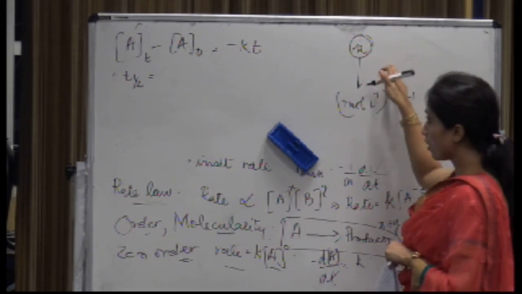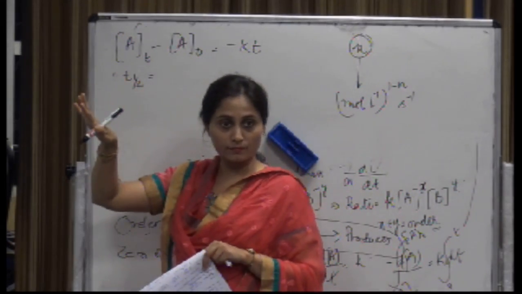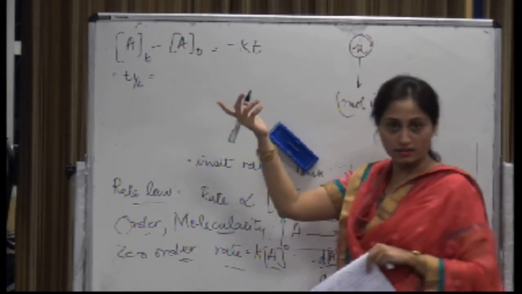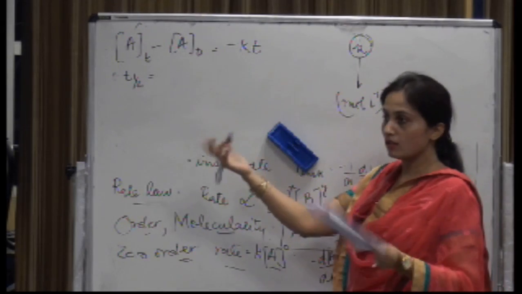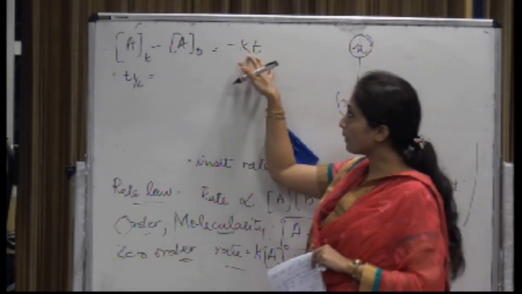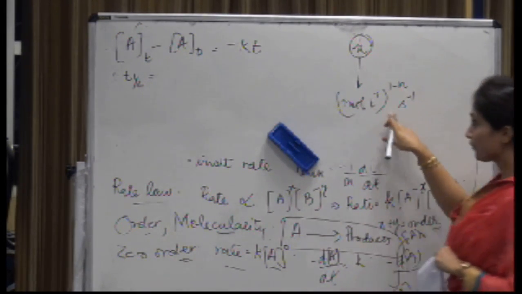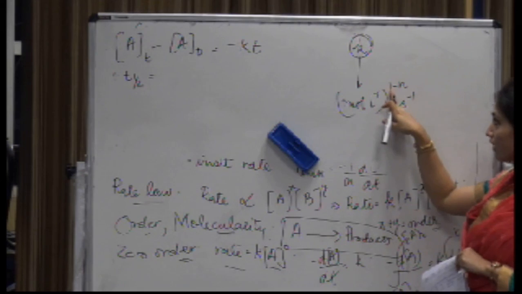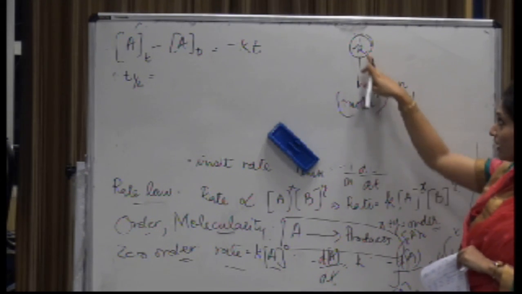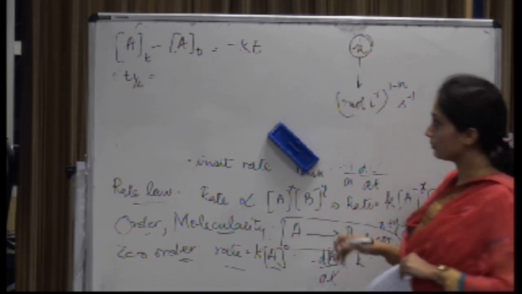Now for a zero order reaction, the concentration units are moles per liter and your time is in seconds or minutes, the way you're recording your data. So you have moles per liter per second. So the units of rate constant in zero order fits in with this formula also. You will have 1 minus 0. So the rate constant units will be mole per liter per second.